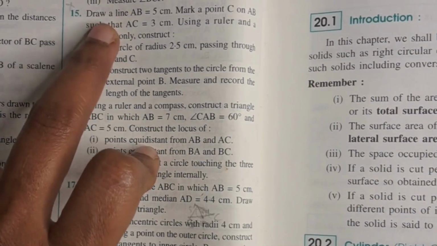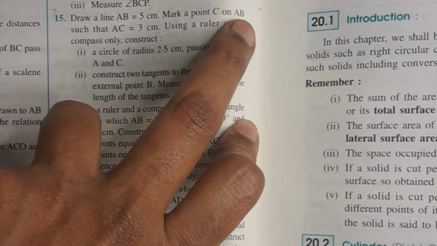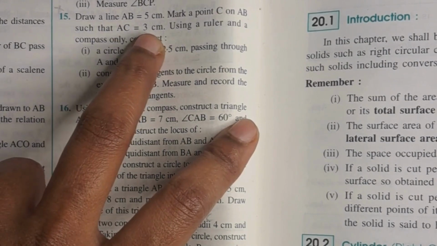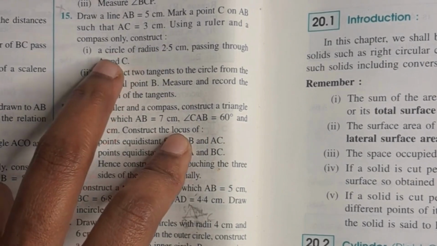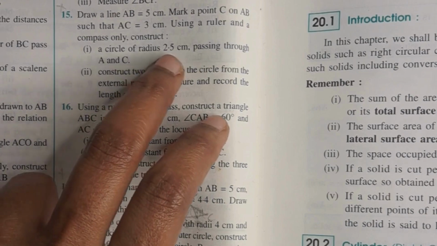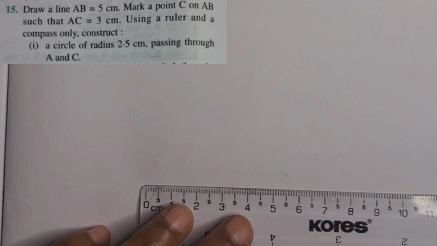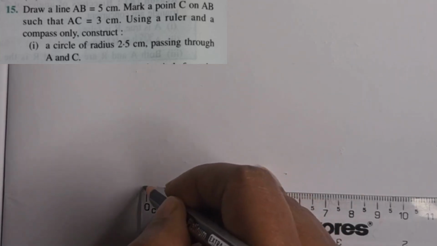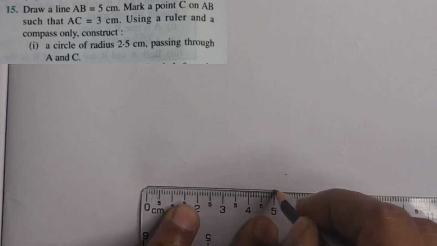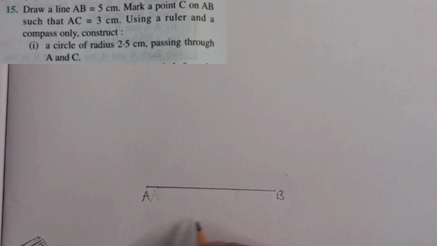Now 15th question. Draw a line AB equal to 5 centimeters. Mark a point C on AB such that AC equals 3 centimeters, using ruler and compass only. Construct a circle of radius 2.5 centimeters passing through A and C. First, AB 5 centimeter line segment. This is A, this is B. Total is 5 centimeters.